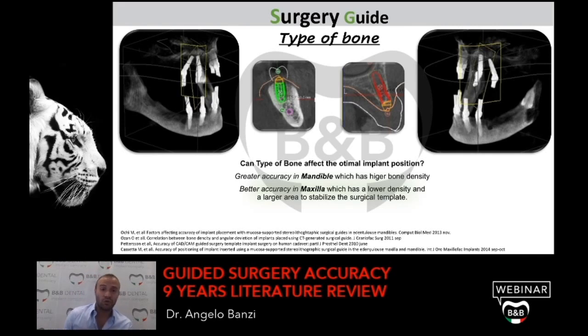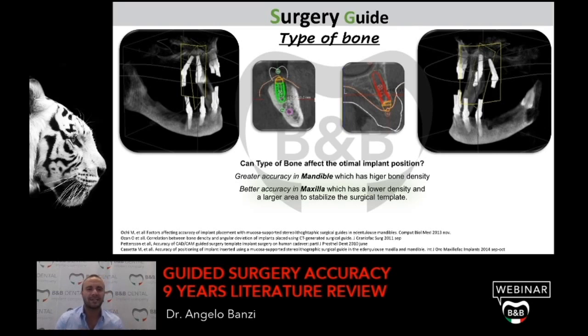What can I say to you? I can agree with Patterson and Cassetta that a higher accuracy is in the maxilla, not because of the low density of the bone, but because of the large area that we have to stabilize the surgical template. This is really important.